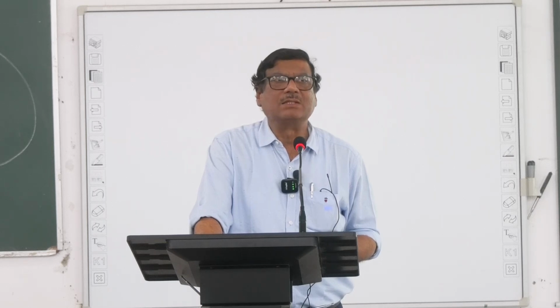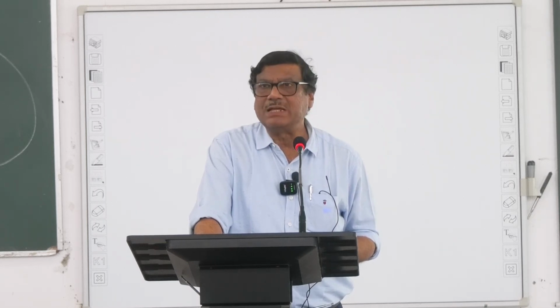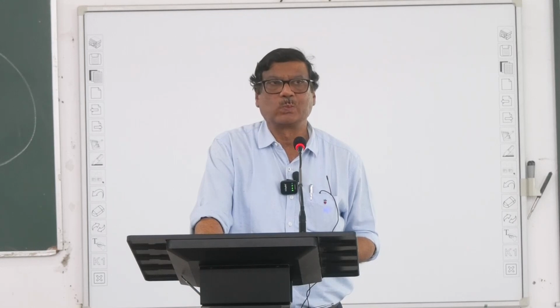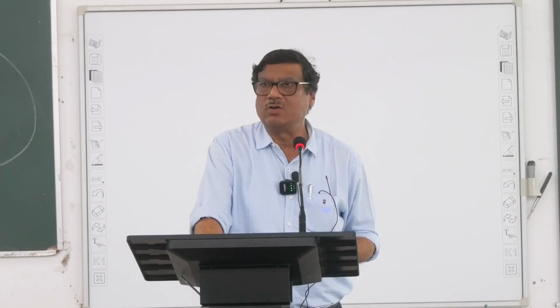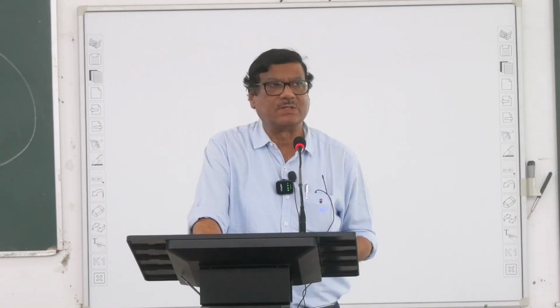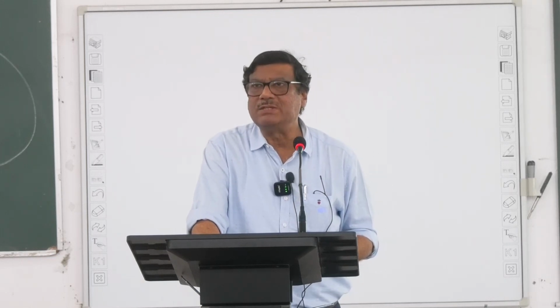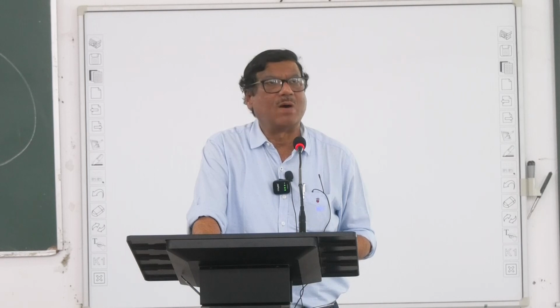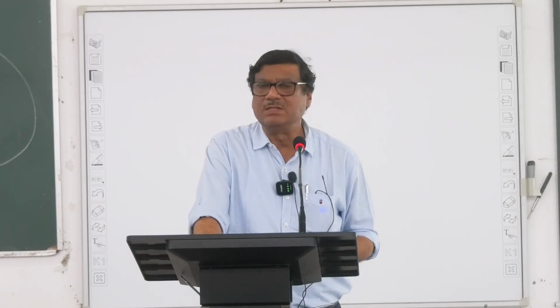Then Pseudomonas is a non-fermenter and oxidase positive. Neisseria gonorrhoeae is oxidase positive. Please remember at least the names of these 3 organisms: Vibrio cholerae, Pseudomonas aeruginosa, and Neisseria gonorrhoeae. They are oxidase positive.